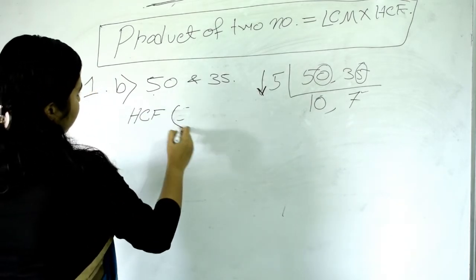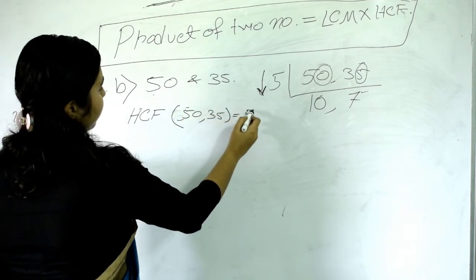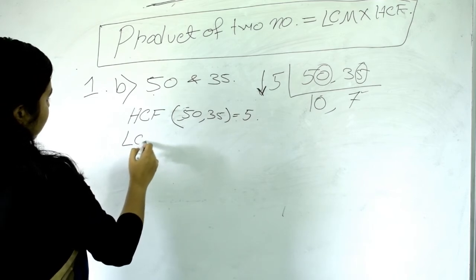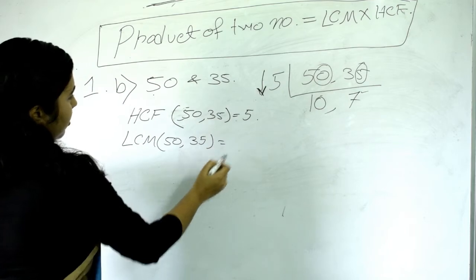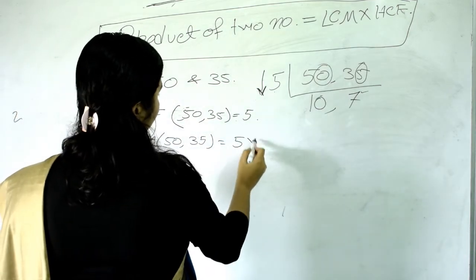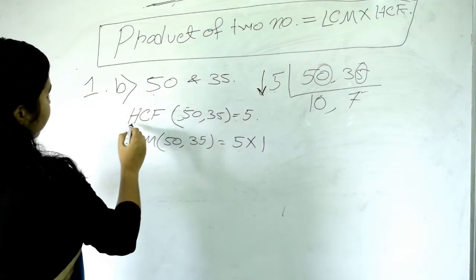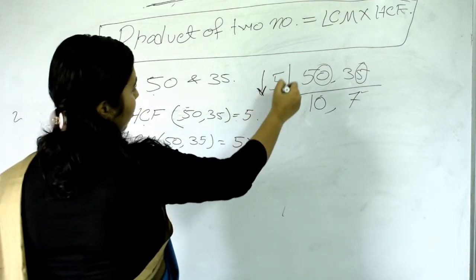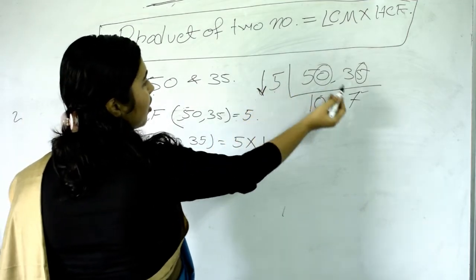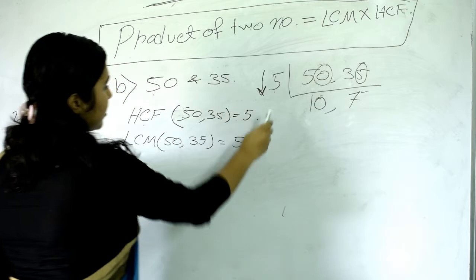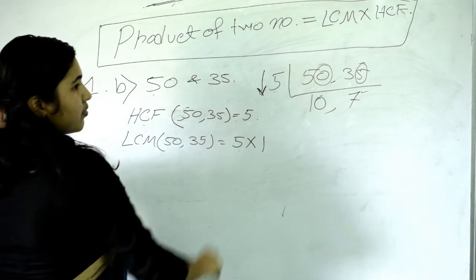HCF of 50 and 35 is only 5, while for LCM of 50 and 35 we have to take 5 and also the last row. For HCF we just have to take the multiplication of common factors. Here 5 is the only common factor of 50 and 35, that's why we have taken only 5.